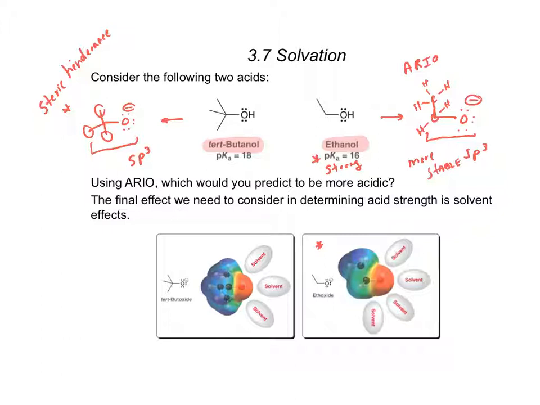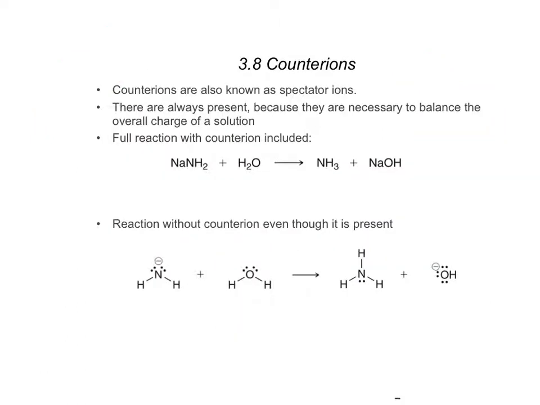For ethoxide, it can because it's not. So we call this bulky a lot. That's our last little thing with respect to acids and bases: solvation effects and the ability to stabilize these conjugates.